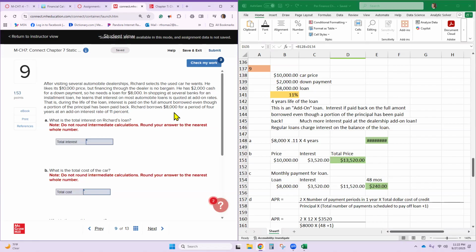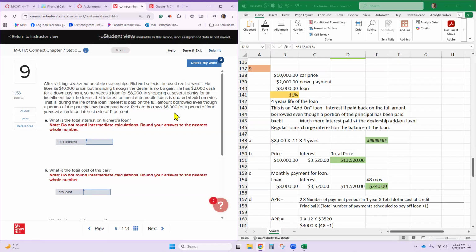In shopping at several banks for an installment loan, he learns that interest on most automobile loans is quoted at add-on rates. That is, during the life of the loan, interest is paid on the full amount borrowed, even though a portion of the principal has been paid back. Richard borrows $8,000 for a period of 4 years at an add-on interest rate of 11%.